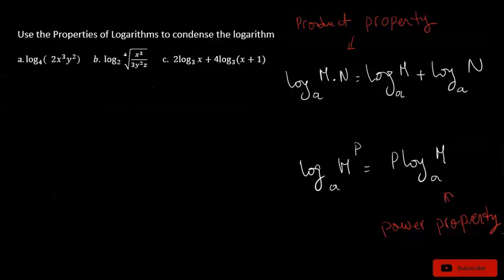For my third example, I have 2 log base 3 of x plus 4 log base 3 of x plus 1. Since the log expressions have the same base, which is 3, to simplify this expression, first of all, I'm going to use the power property.